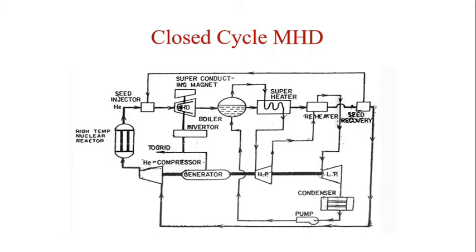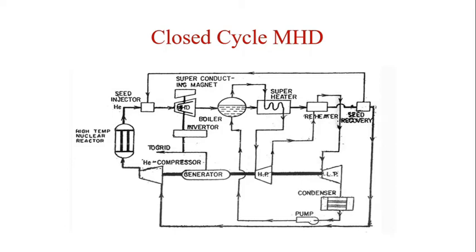Let us see the differences between open cycle MHD system and closed cycle MHD system. In case of open cycle system, the working fluid, after generating electrical energy, is discharged to the atmosphere through a stack. In case of closed cycle system, the working fluid is recycled to the heat source and thus it is used again and again.